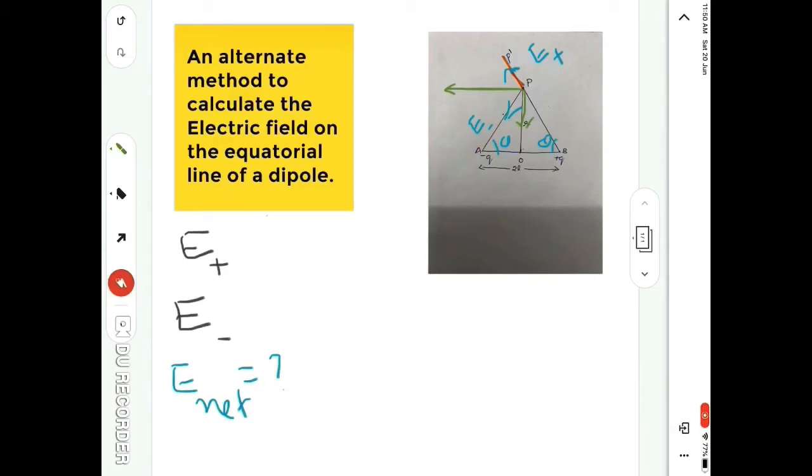And now the angle, this one, that's theta, which makes this angle also theta as per the property of alternate angles. So this angle you mark to be theta. So with this axis, E minus is making theta as an angle. So for the same axis, the component of E minus can be E minus cos theta, and for the other axis, the component might be E minus sin theta. That is according to the concept of vector rules.